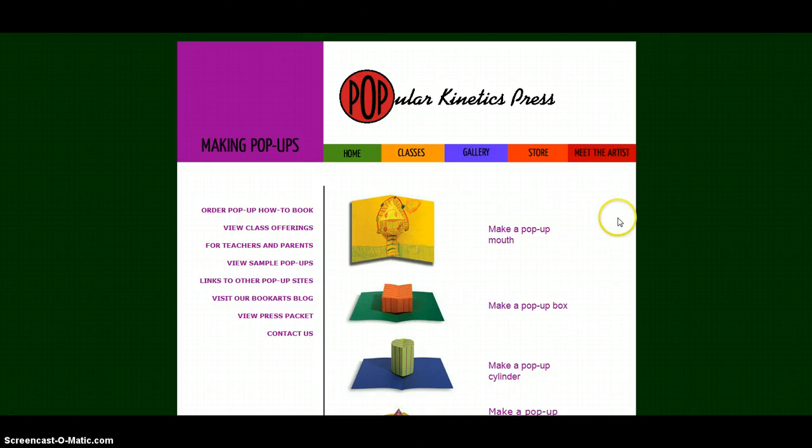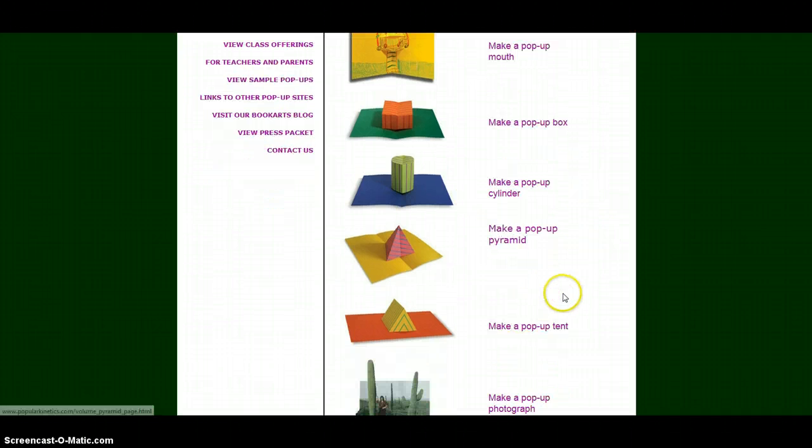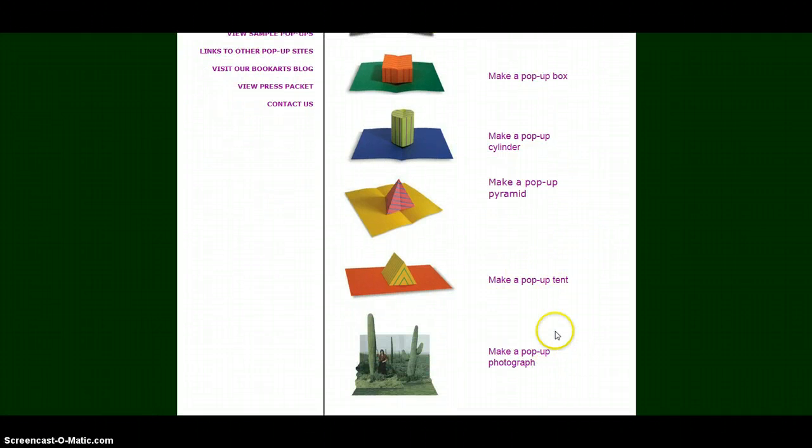So what I would do is I would take them through this website. They can make a pop-up mouth, a box, a cylinder, a pyramid, a pop-up tent, and make a pop-up photograph. So I might take them through one of these simple pieces before the pop-up photograph, but I'm aiming towards the pop-up photograph itself to coincide with the history pop-up.